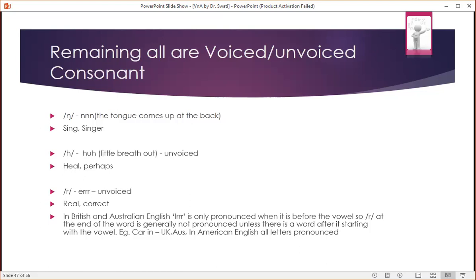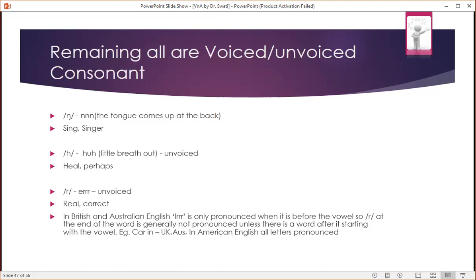So that's why it's different in British and Australian English. But in American English, they pronounce all the letters.